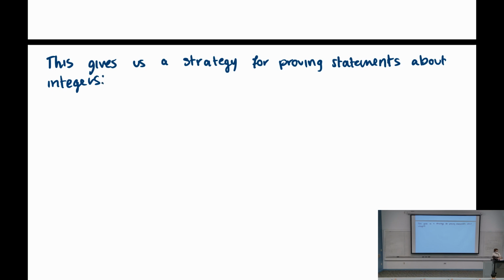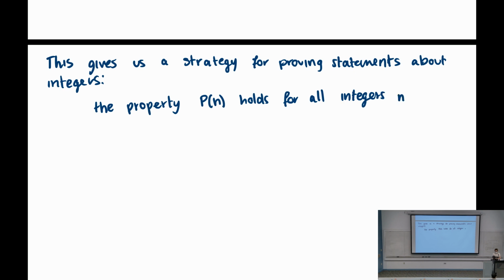So for statements that look like the property P of n holds for all integers n greater than or equal to a, where a is just some initial value. Okay, and this is called proof by induction.